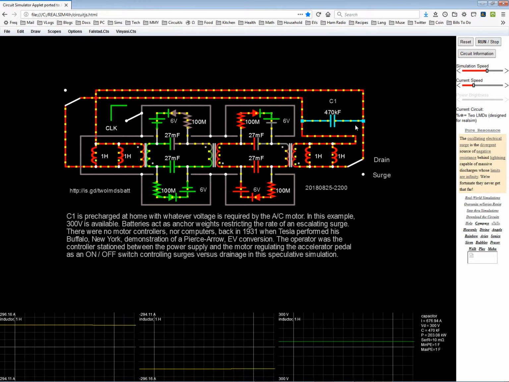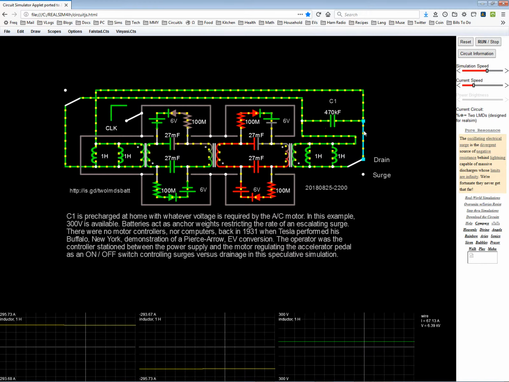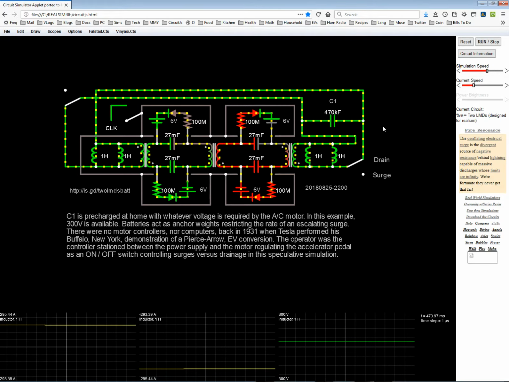Now in this case it's in parallel, which means one cable would go, how would that work?